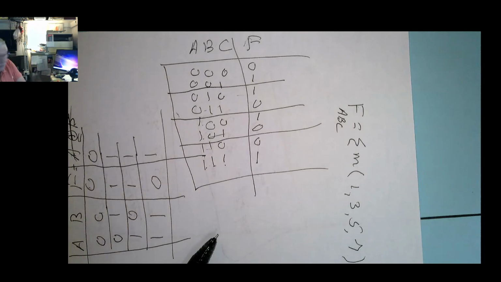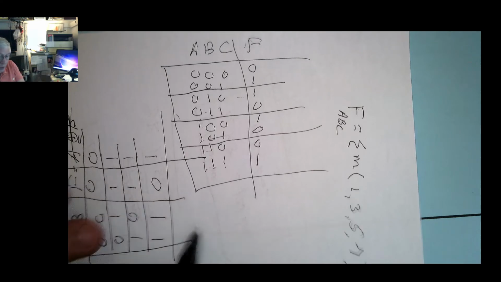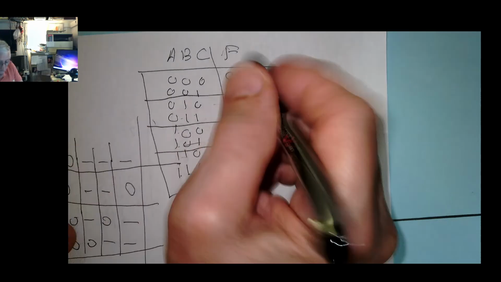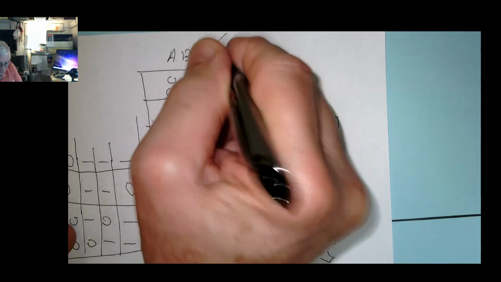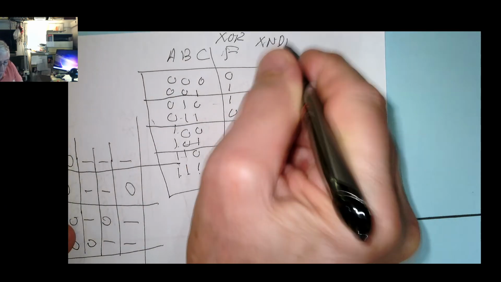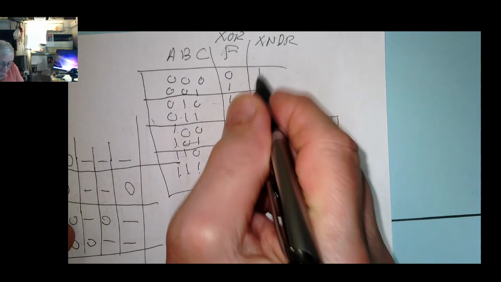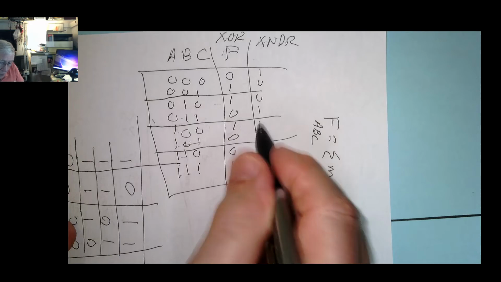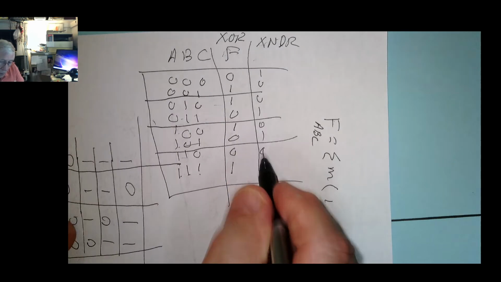But in any event, this is an exclusive OR, that's the XOR, and the XNOR is exactly the opposite. So if we make another column, it's just going to be 1, 0, 0, 1, 0, 1, 1, 0.